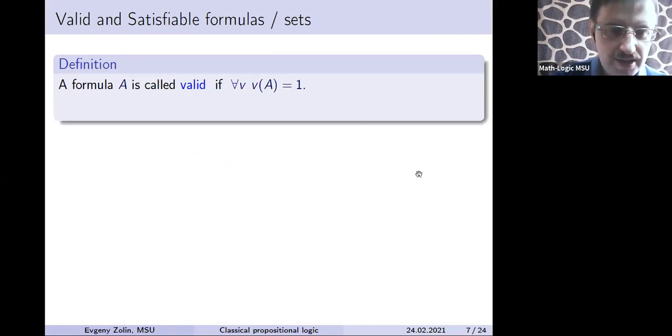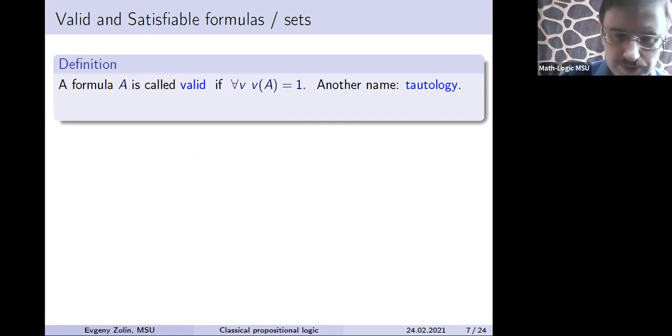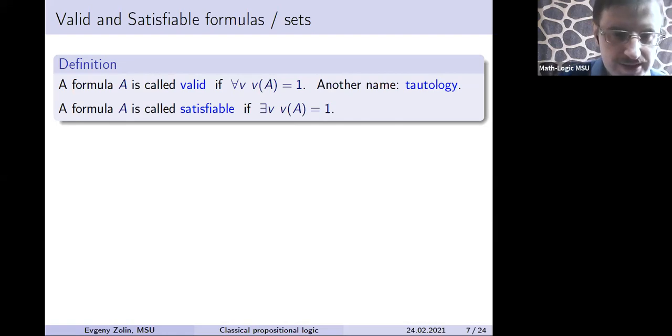So if we have a formula and it is true always for all valuations, then we call it valid, or there is another word, A is a tautology. So it is always true. A formula is satisfiable if it is true sometimes.